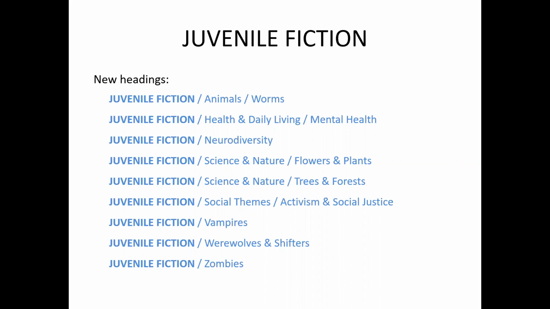Other headings we added were health and daily living, mental health, neurodiversity, science and nature, flowers and plants, science and nature, trees and forests, social themes, activism and social justice, and vampires, werewolves, and shifters and zombies.